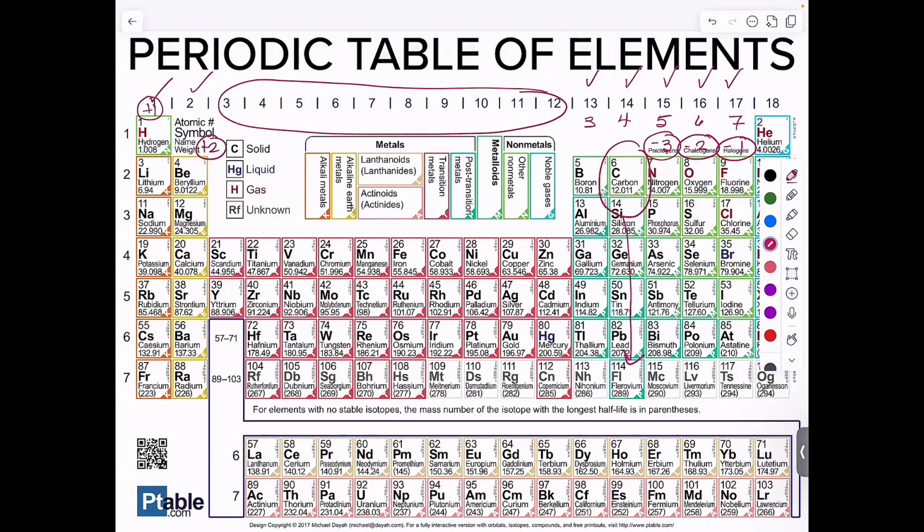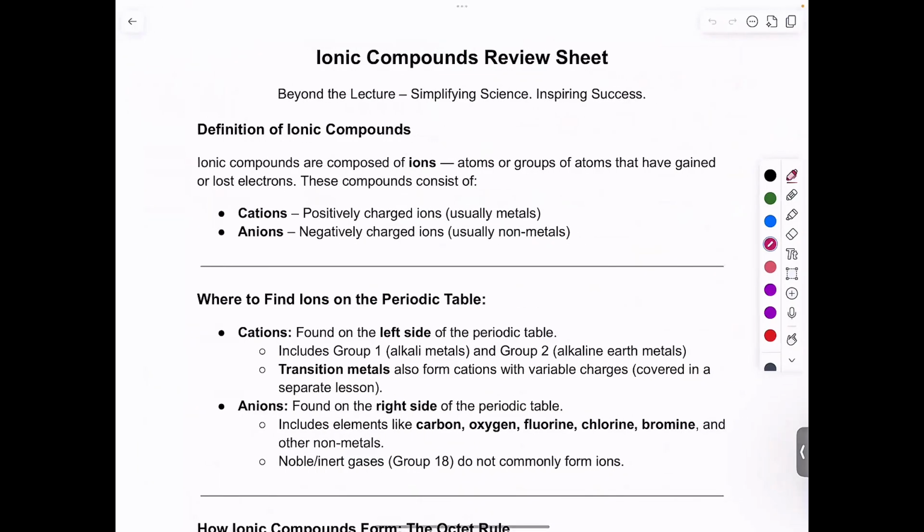So we'll generally have +1, +2 on the left, and then -3, -2, -1. And we typically put plus or minus 4 for carbon, but we'll talk about that more on the covalent side of things. So there you have it. You can get that periodic table at ptable.com. You can fill it in to your liking, or I'm sure your teacher or professor already gave you something like that.